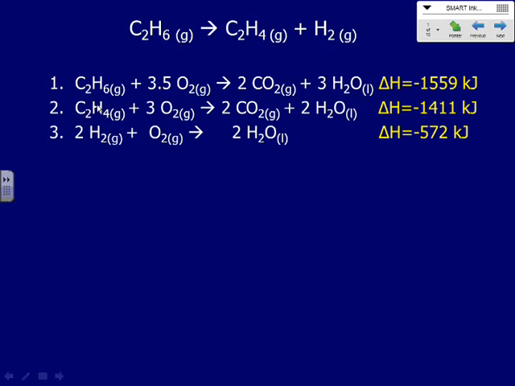If we look at the second reaction, you'll notice that the C2H4 is also a reactant. But in the reaction that we want to obtain in the end, our C2H4 is a product, which means at some point I'm going to have to flip this reaction around, changing the reactants to products so that when we add at the end, it is also a product.